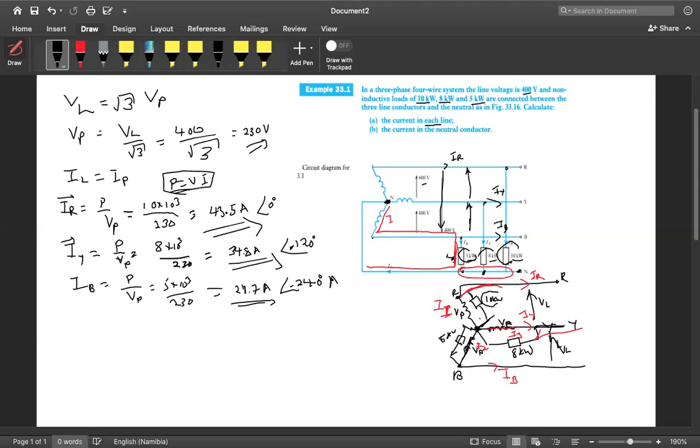These angles are coming from the source, not being affected by the load. We don't have power factor things that we're talking about here. So if I write them as phasors, these will be the answers. The reason I'm writing them as phasors is because I want this to help us solve the next question, which is to calculate the current in the neutral conductor.